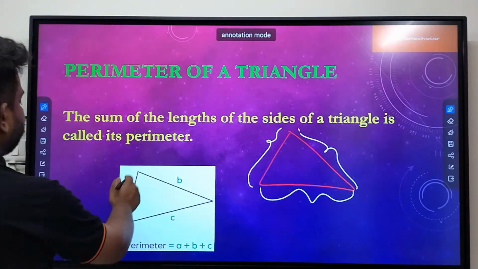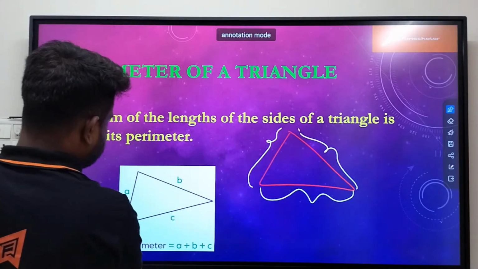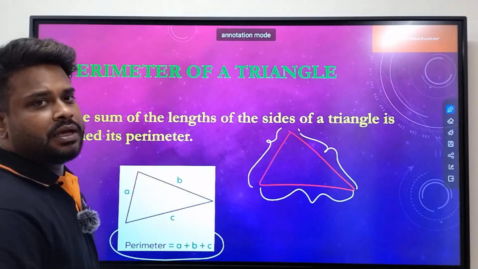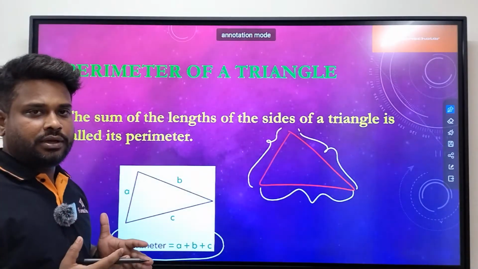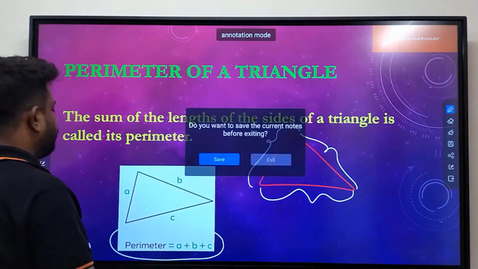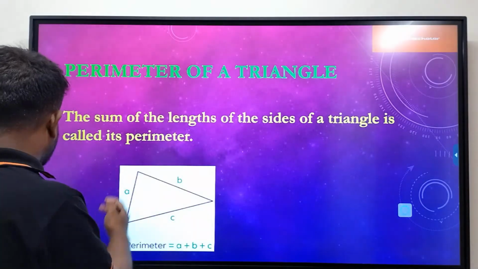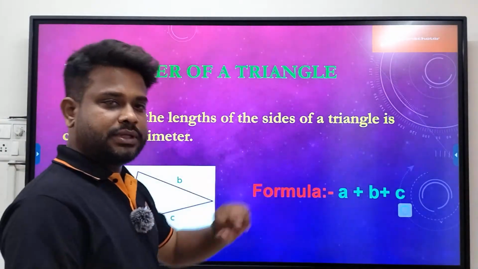So here if I am measuring A as this side, B as this side and C as this side, the perimeter will be A plus B plus C. Maybe you all have learned about it. Here we will apply this formula and study it further. So the formula is A plus B plus C.